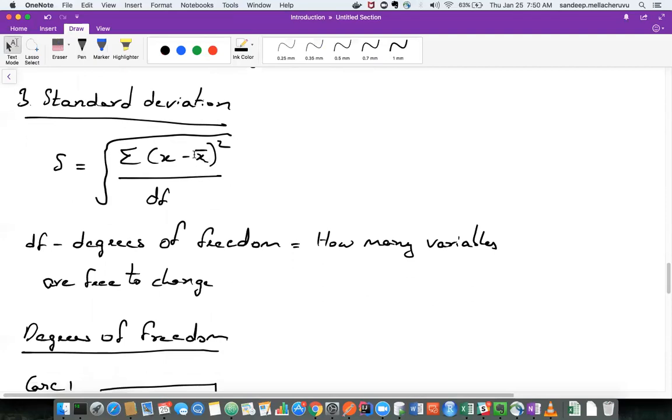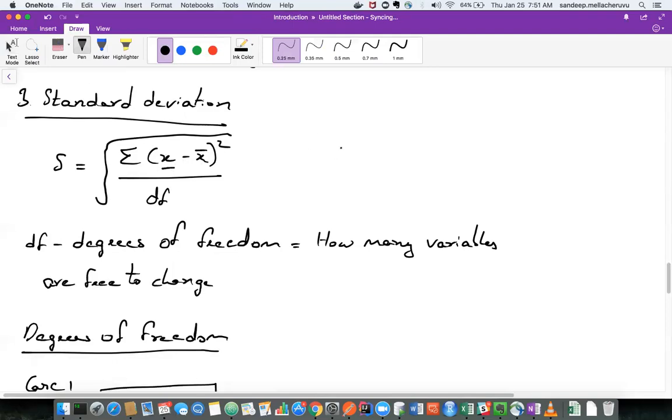X bar. We're already using one central tendency in the dispersion, which is X bar, the average. We are taking each observation in the sample and trying to find the deviation from the center, and we are squaring it and then doing a square root. We are doing some extra mathematics here.